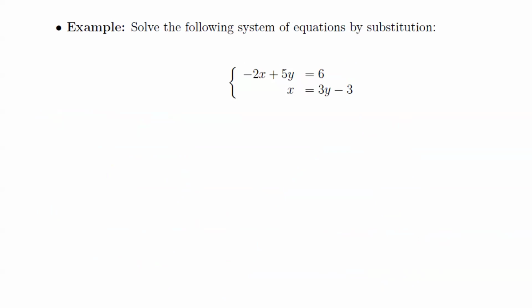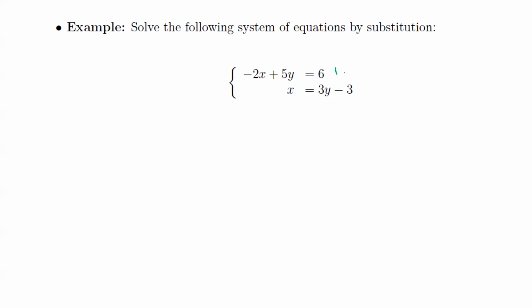All right, so now in this example, I want to show two things. One is the variable that is isolated doesn't have to be y, it can be x instead. And secondly, if some of the work is already done for us, then we can just be happy about that and move on quickly.